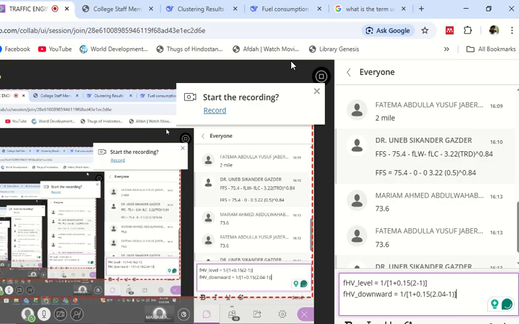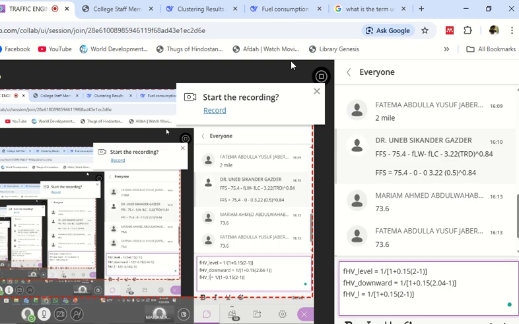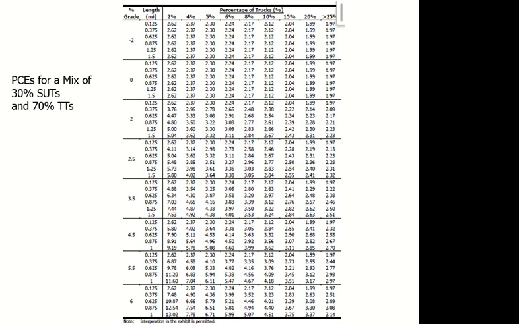Then for upward, do I have 4.5? Yes, I have, so I don't have to take the extreme here, but I don't have the length. So for length, I will take the extreme number. I don't have 2 miles here.